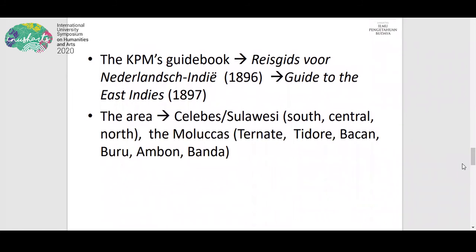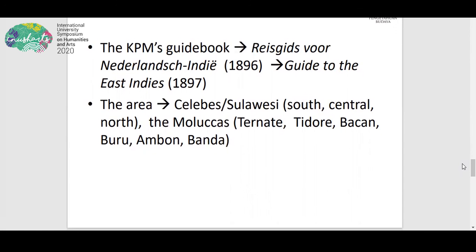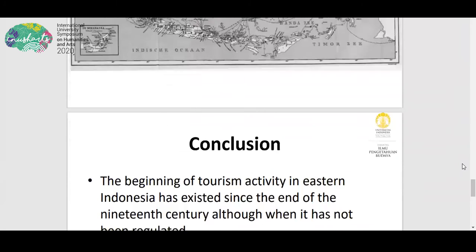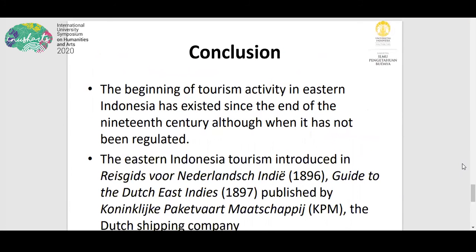And by using the concept of tourism places, space, and change by Shaw and Williams, that the process of communications of tourism begins through marketing systems such as guidebooks, we can see that the areas of Eastern Indonesia introduced by guidebooks at the end of the 19th century as tourist destinations were Celebes and the Moluccas.